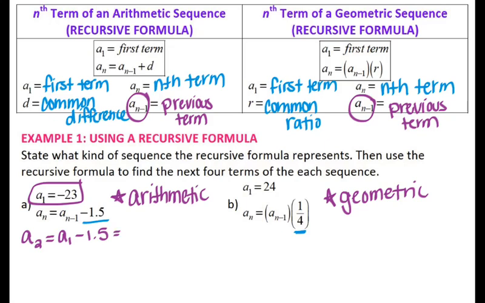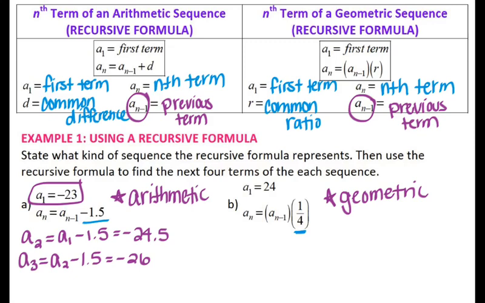Negative 23 minus 1.5 is negative 24.5. If I'm trying to find my third term, I take the previous term, which is a_2, minus 1.5. So negative 24.5 minus 1.5 is negative 26. And then the pattern continues.